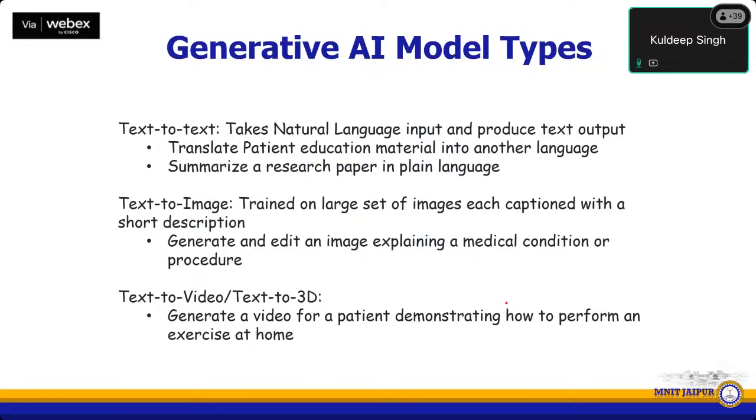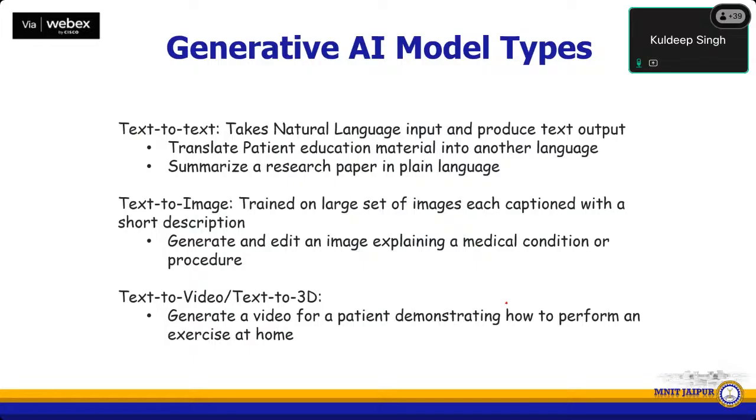Some examples in the medical domain could be translating patient education material from one language to another. Let's say some patient education material is developed in English, and with the help of these text to text types of generative AI models, we can convert that educational manual into Hindi or any other language.